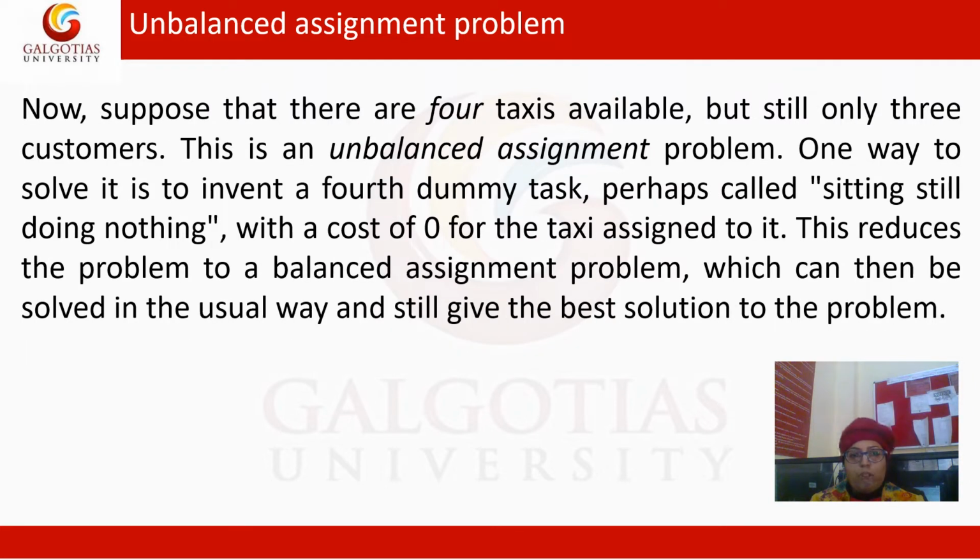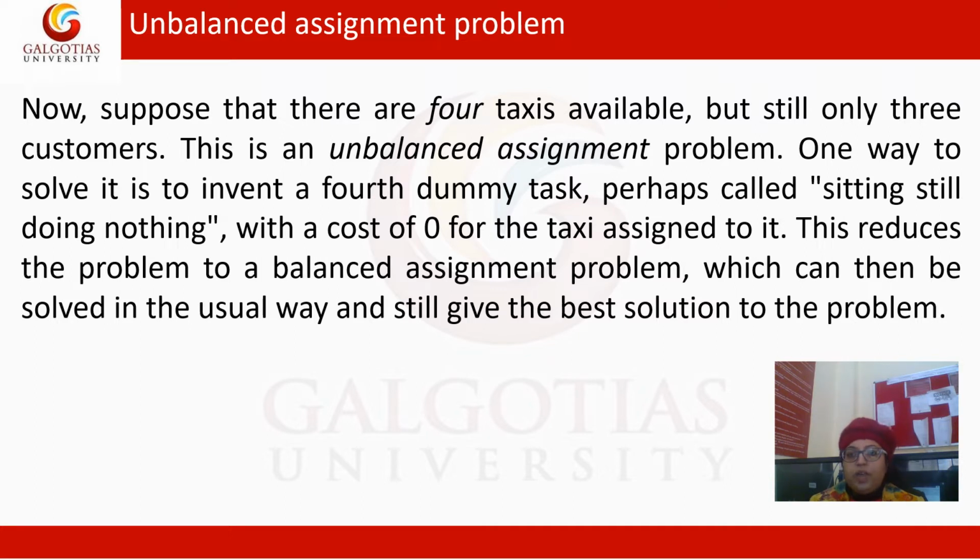But now, suppose there are four taxis available, but there are only three customers. So this is the unbalanced assignment problem. Why is it so? Because now the taxis are more and the customers are fewer, and the equal assignment of customers and taxis has not been given to us.